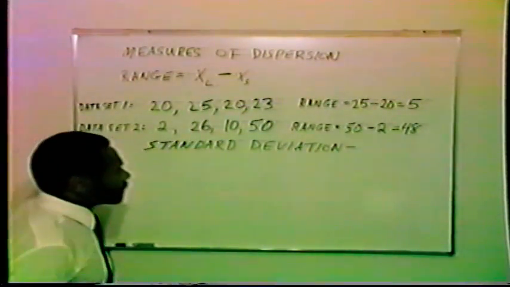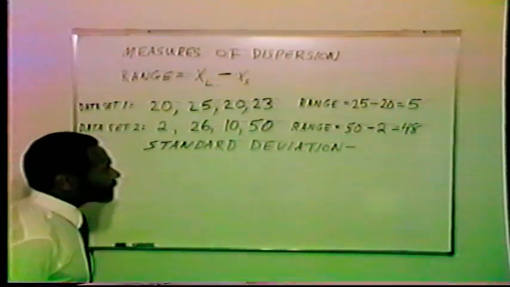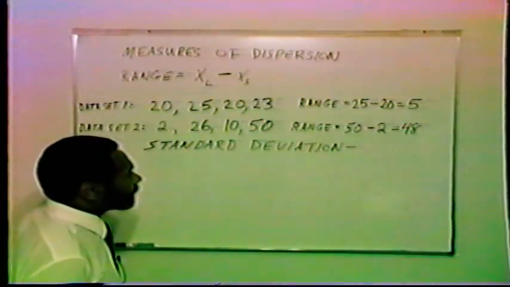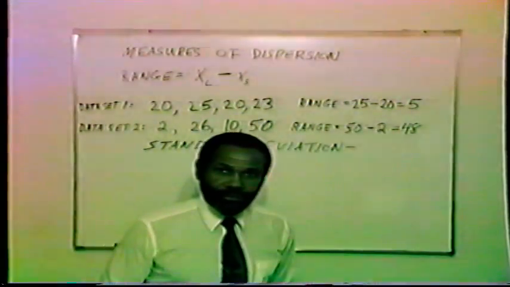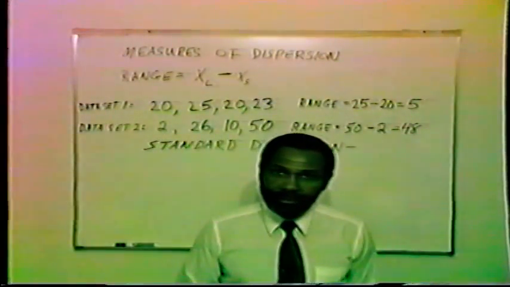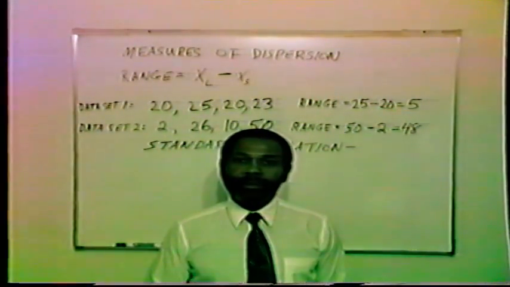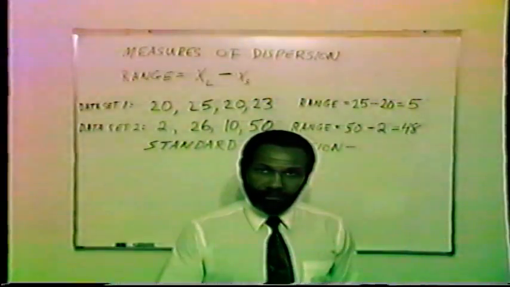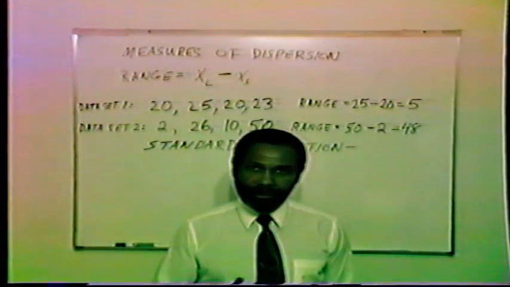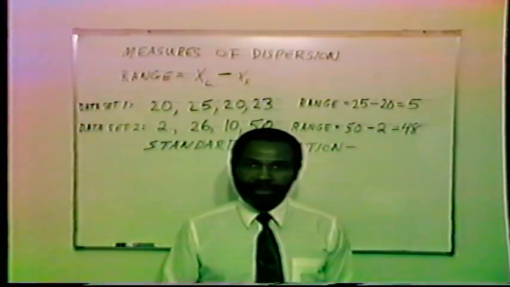The standard deviation, more specifically, is a measure of the average distance between the mean of a data set and each one of the scores in a data set. You should have already had a lesson on the mean, and you should already know how to find the mean of a data set.